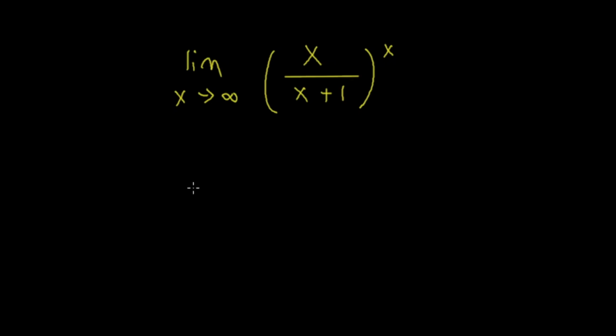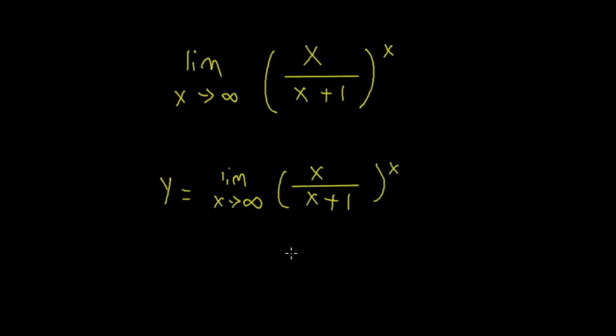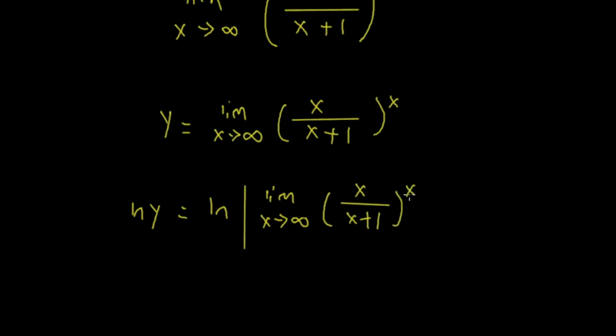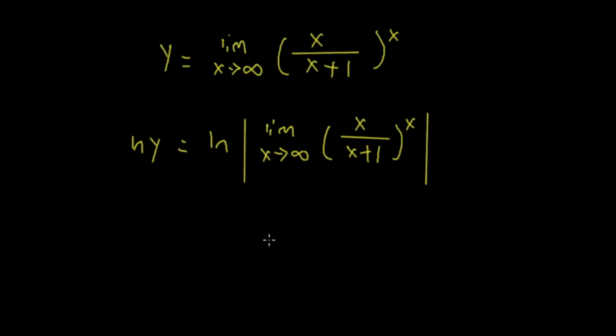Okay, to do that, I have to first let y equal to this whole limit here. Now, take the natural log of both sides. And of course, we can switch the limit and the ln.